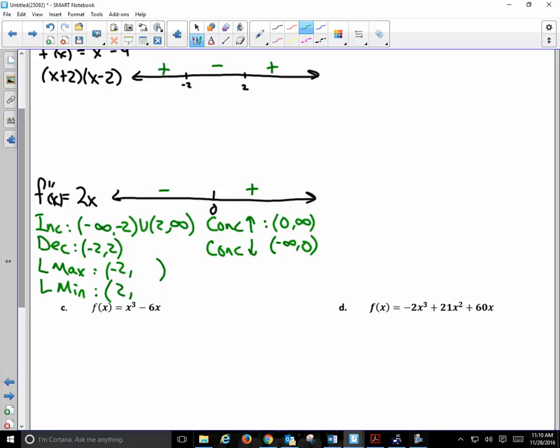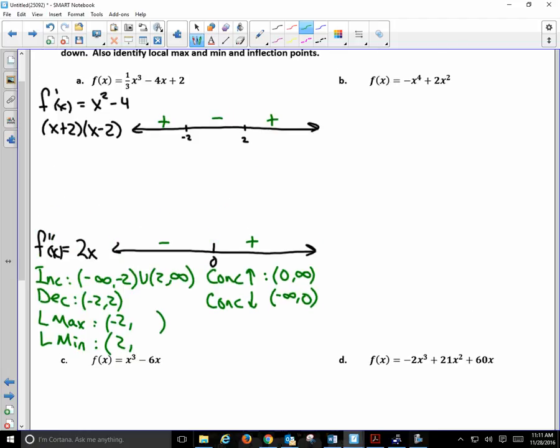How do I find the y value? Plug it into which one? The original. If I plug in negative 2, negative 2 to the third is negative 8. So I have negative 8 thirds. This would be plus 8, or plus 24 thirds, plus 6 thirds. 22 thirds, or 7 1/3.